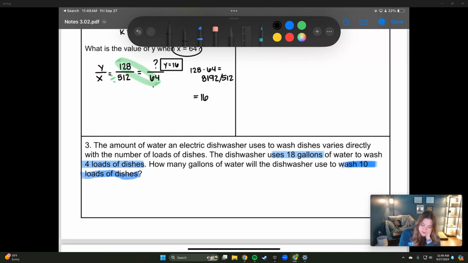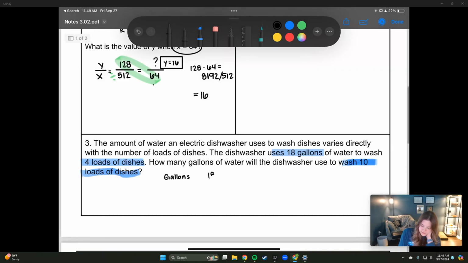So let's set this up here. I'm going to say, here's my gallons of water. Okay, I want to know my gallons, kind of like how we did up here, right? Our Y. We know that for 18 gallons, okay, we're going to use, let's see, 4 loads of dishes. Okay, but what if you need to wash 10 loads of dishes?